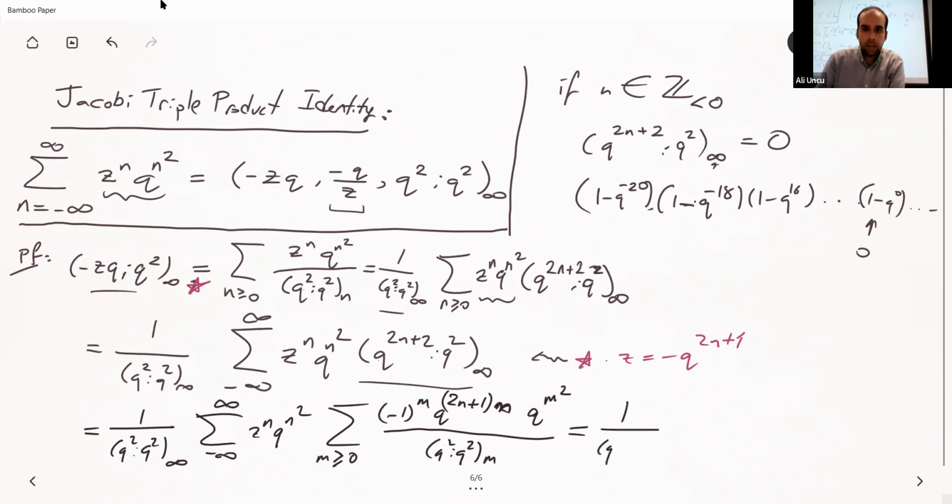I see the trickery that was needed once again. So sum m goes from 0 to infinity. And here I have a -1 to the m, q to the m squared plus m. This portion depends on n, so I cannot really take it out. Where did my m squared go?